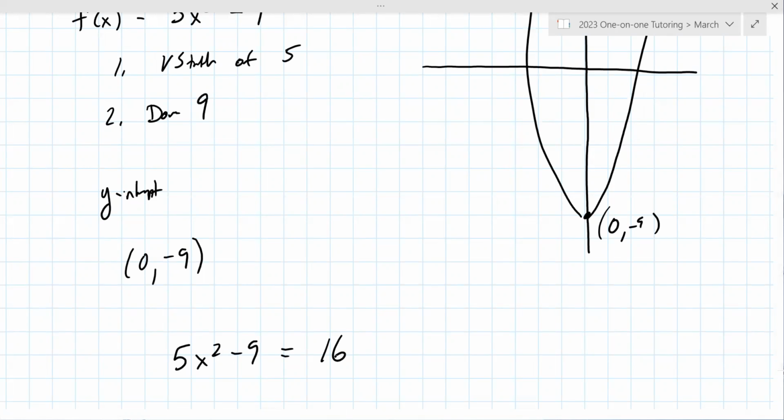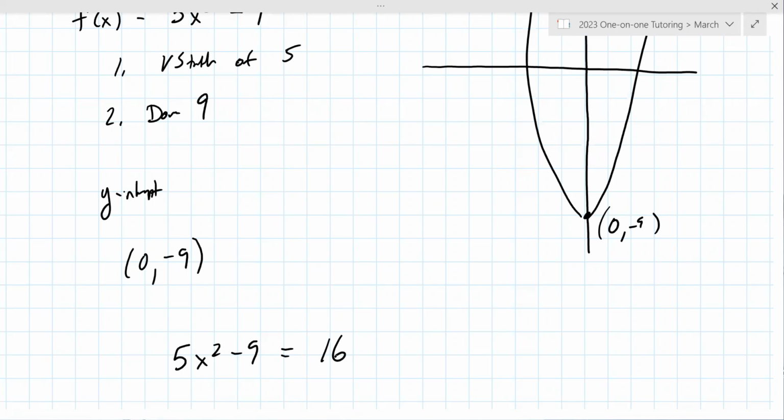So you add 9 first. And then keep going. 5x squared equals 16, 17, 18, 19, 20, 25. And then you divide by 5 and get x squared equals 5.